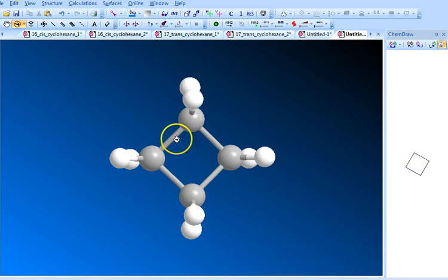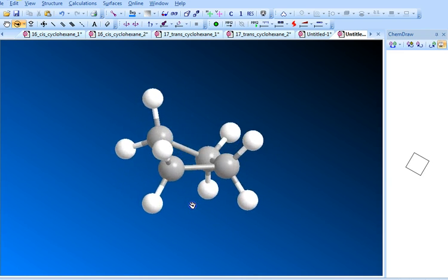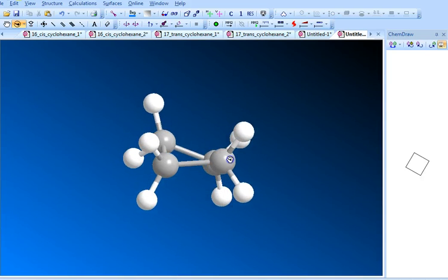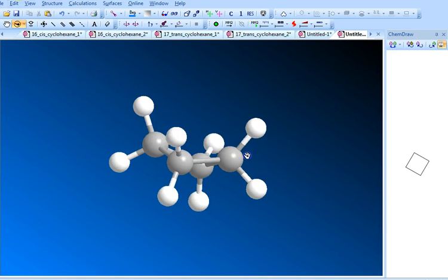It looks like a square molecule from the top, but if you look at it from the side, it's not a square molecule, it is slightly bent. That's exactly what it is called, a bent structure.